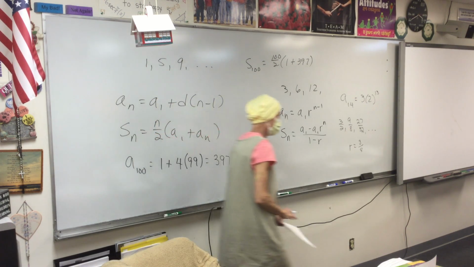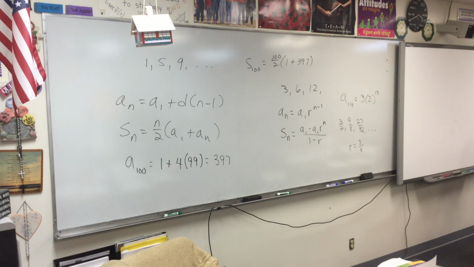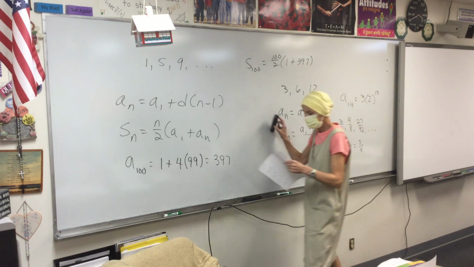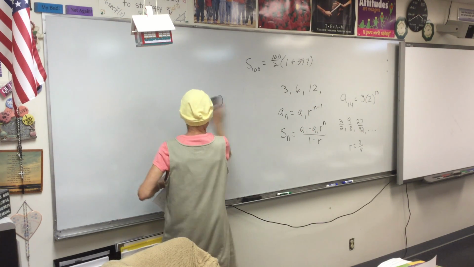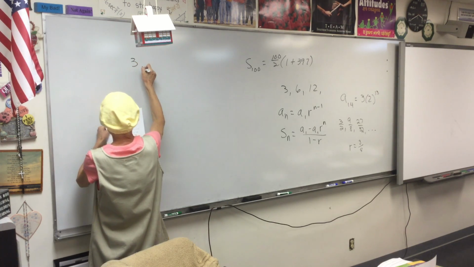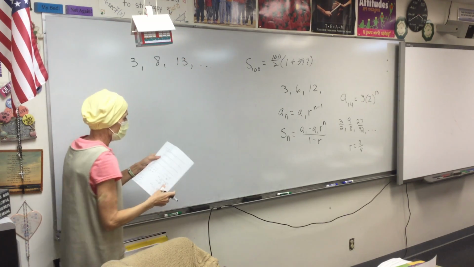All right, now let's get our homework papers out. Now that we've gone through all that, this should be a breeze. Okay, so we had 3 kills in the first game, 8 in the second, 13, and so on.